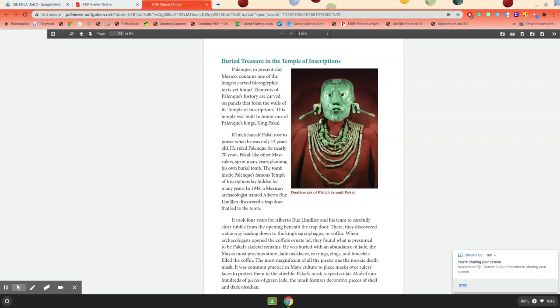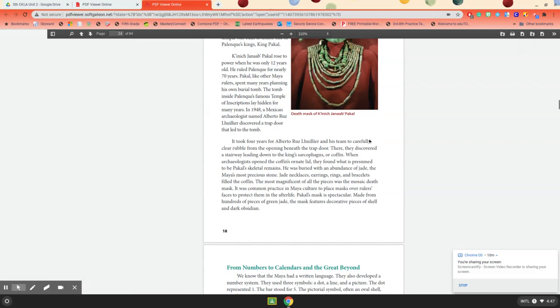The temple was built to honor the ruler Pakal, and they found a trap door that led to his coffin, and they unearthed many things. It's just history, the unearthed history: his skeletal remains, stones, anything that was down there with him. They unearthed it, and that told a story all on its own.